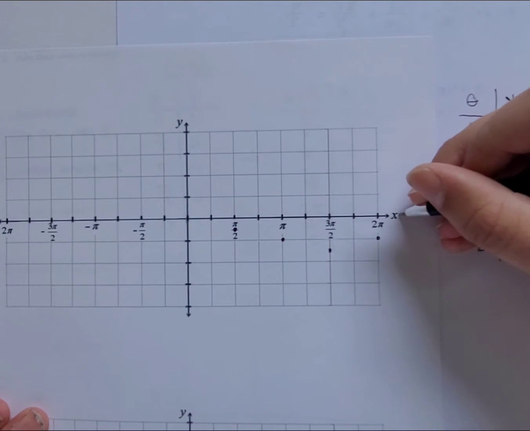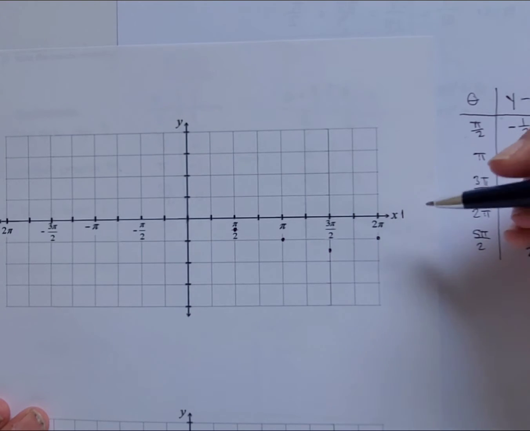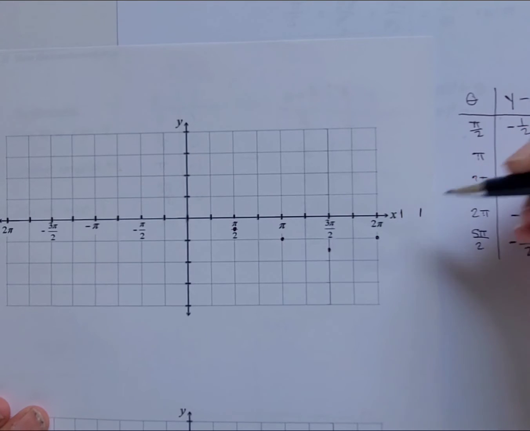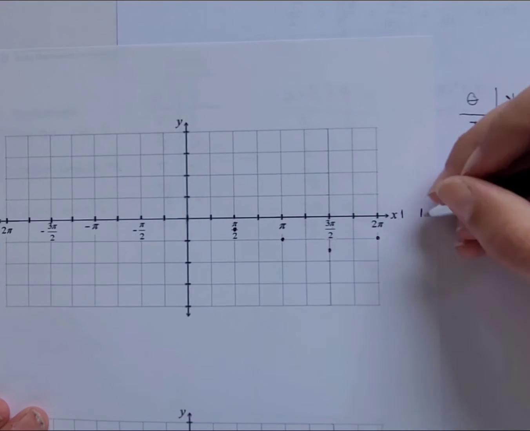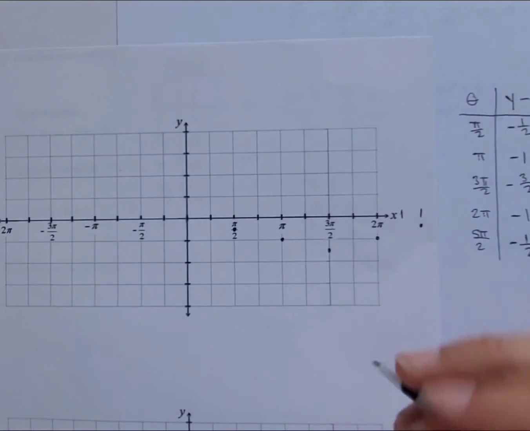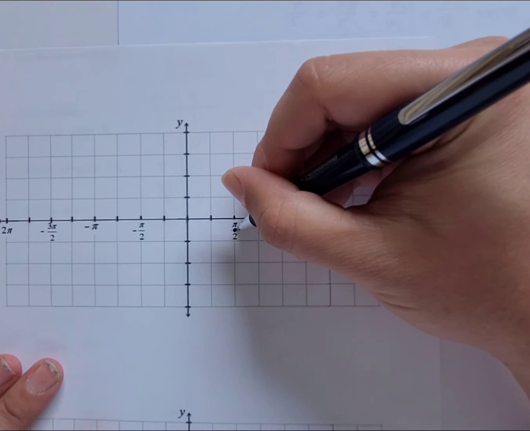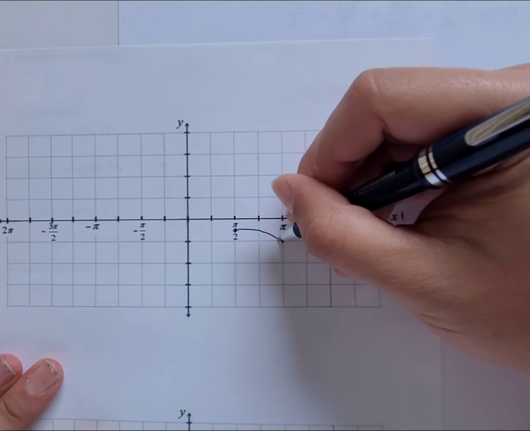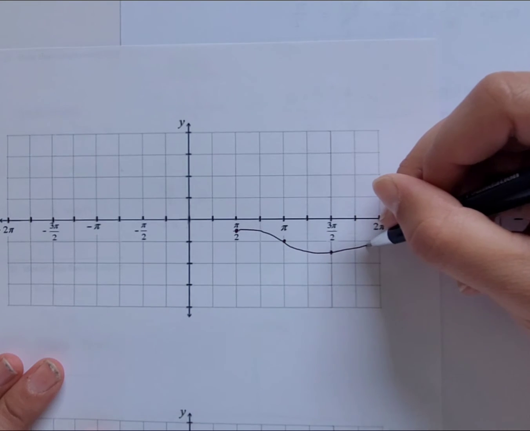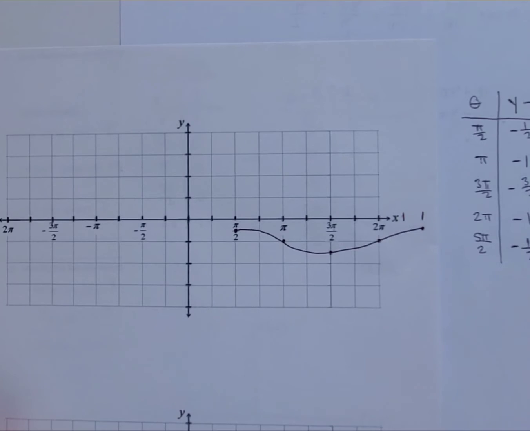And then 5 pi over 2, which is about right there, at -1/2. So I'm going to take my points and connect them. Remember, nice waves. It should look something like that.